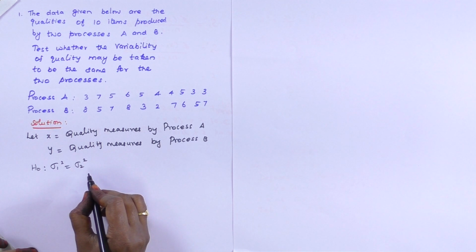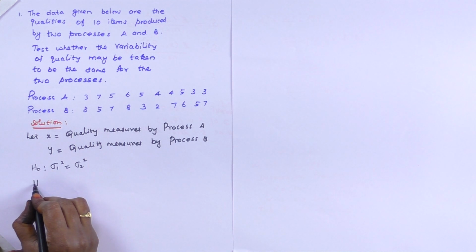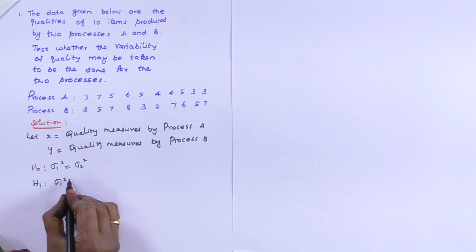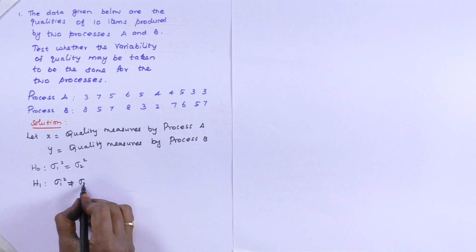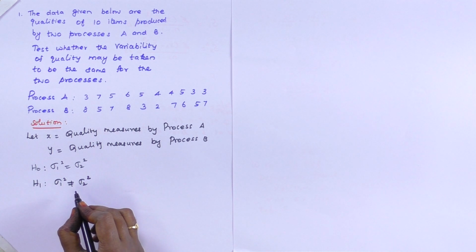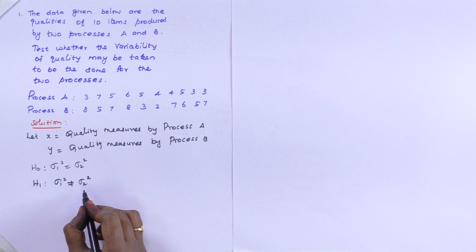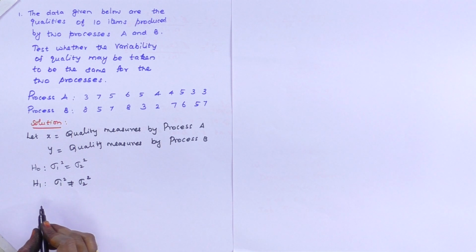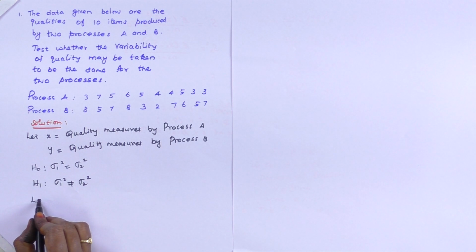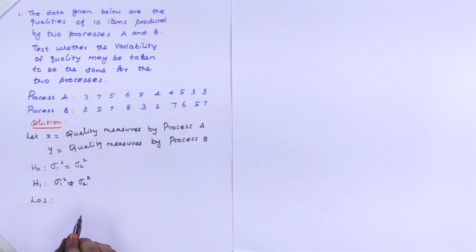That is, there is no significant difference between their variances. H1: sigma 1 square is not equal to sigma 2 square, there is some significant difference between them. And we choose the level of significance as 5% level.